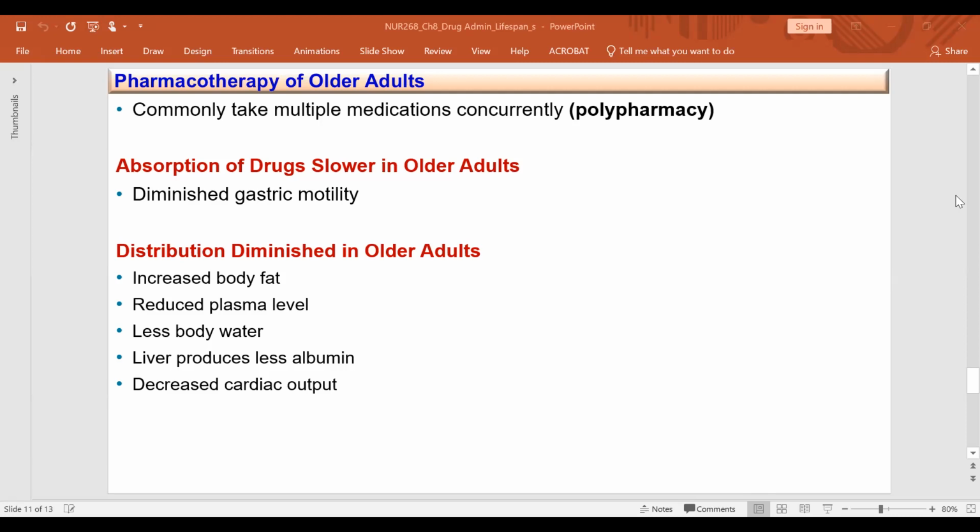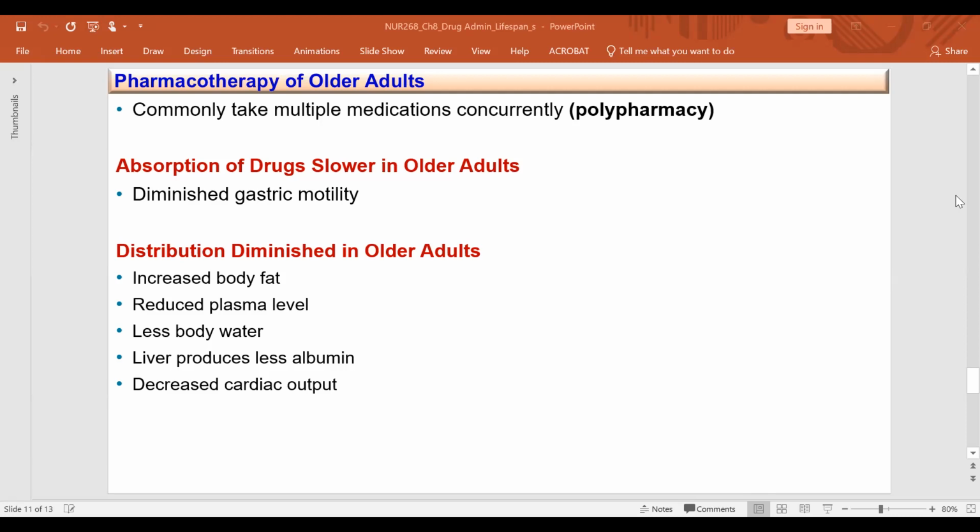So the rate of distribution depends on whether the drug is fat or water soluble, because of that expected change in older adults, that they will have an increased percentage of body fat.